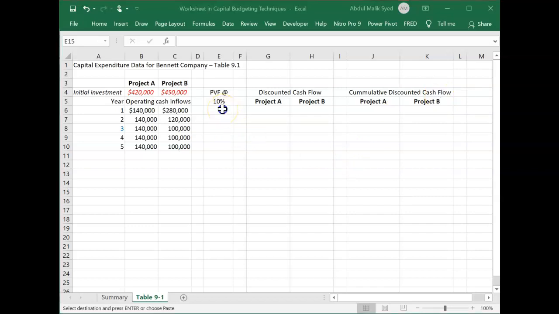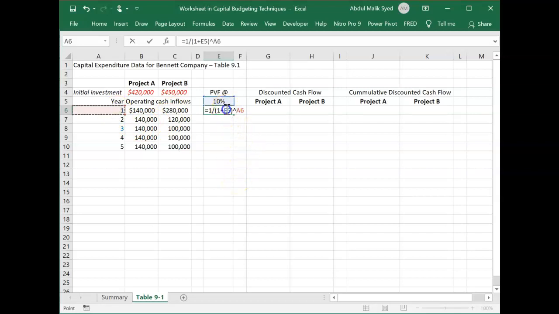value. Okay, so the present value factor we can find by using 1 divided by 1 plus k. So 1 plus k, k is the discount rate, 10%, to the power of the year, okay, each year.